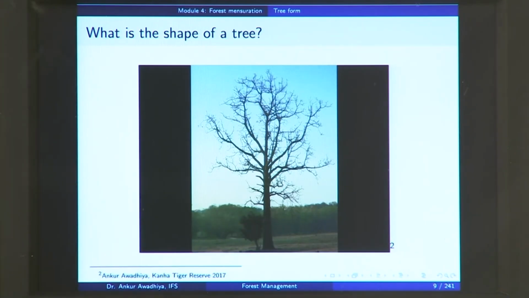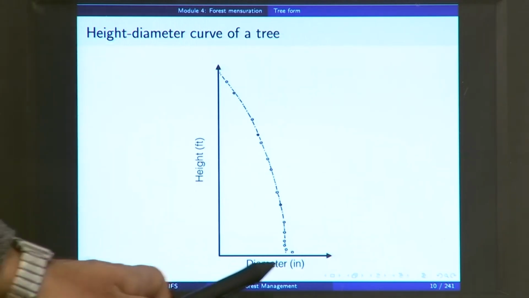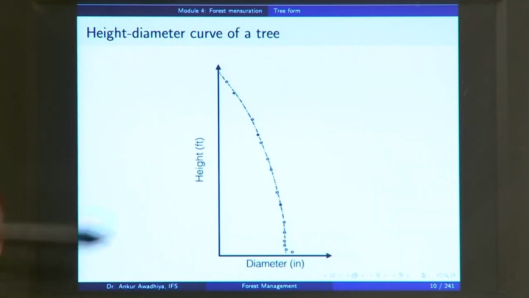So trees come in a variety of shapes and sizes, but if we were to generalize the shape of a tree, we could do that by plotting a few curves. So let us plot a diameter versus height curve for a particular tree. This is actual data. Here on the x axis you have the diameter in inches, on the y axis you have the height in feet.